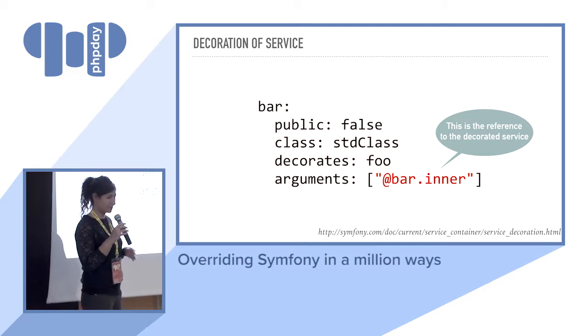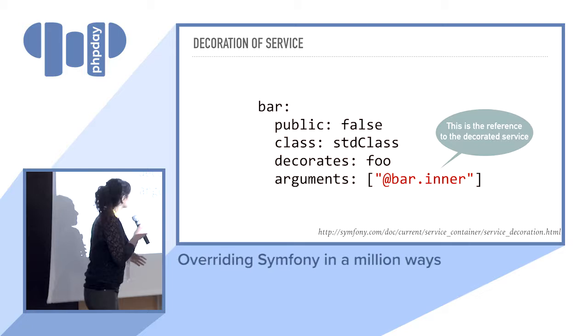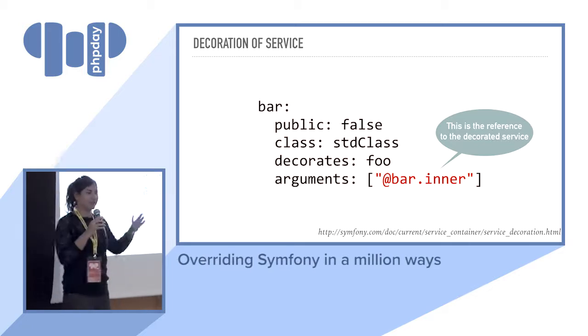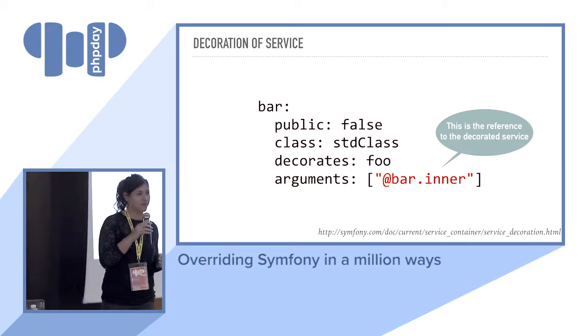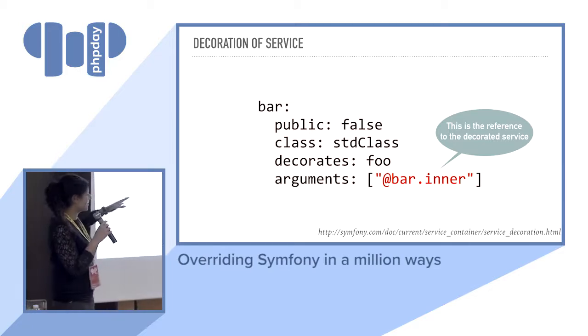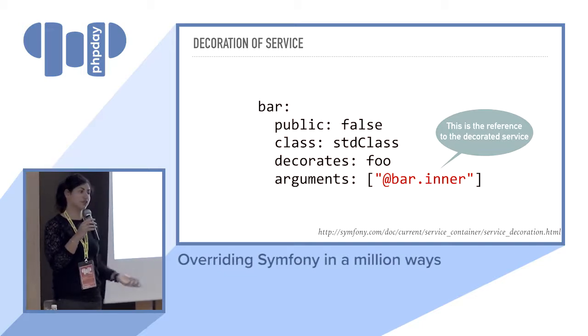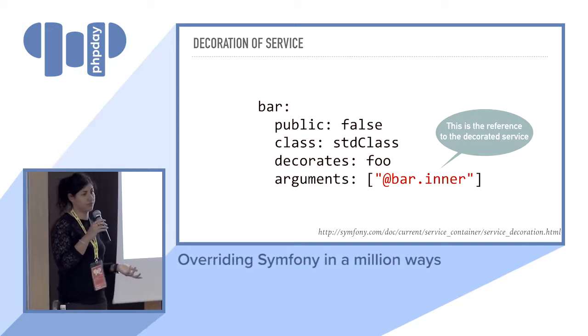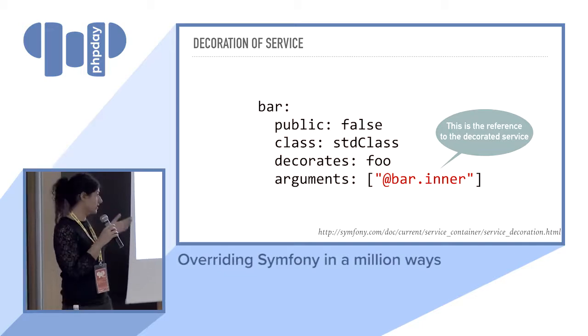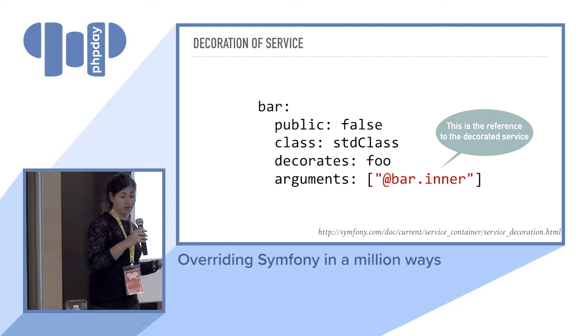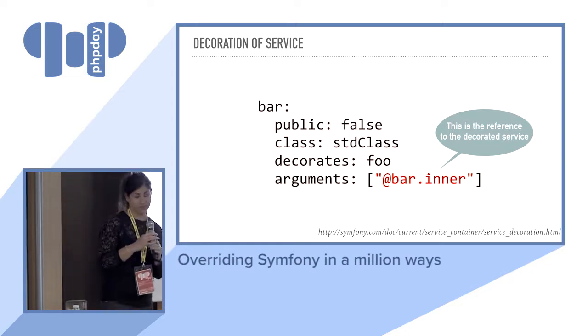Okay? All right. And here I'm just saying, here is my new class. That way, I can access the old reference of the service I want to override. And I think it's easier to read, so I prefer this option, actually.